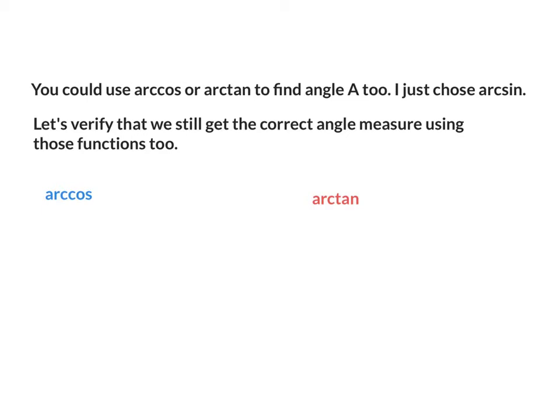So same thing that we just did, but instead of using the value that goes with sine, you're going to use the value that goes with cosine or tangent. So go ahead and do that now.